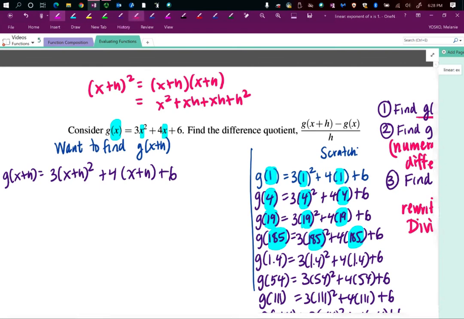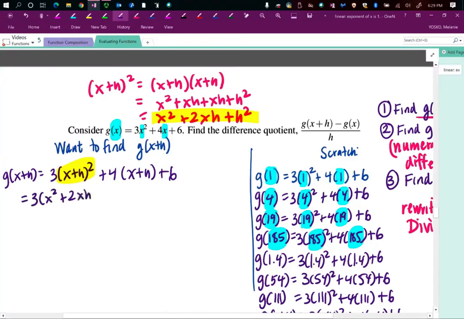Okay, we combine the middle terms, and when you do that, you get x squared plus 2xh plus h squared. So I'm going to put this in place of this. So we get 3 times (x squared plus 2xh plus h squared). Okay, just rewriting that. Does that make sense?